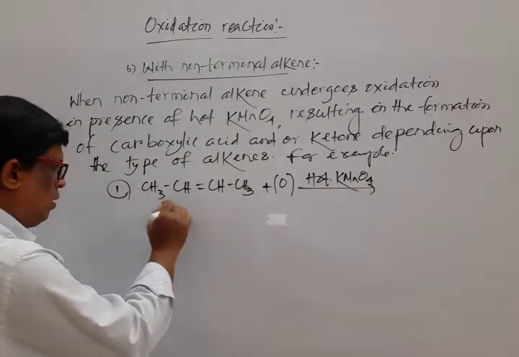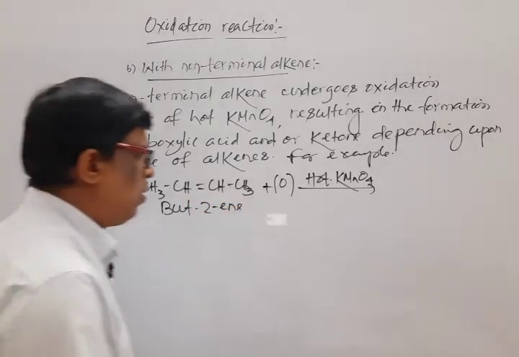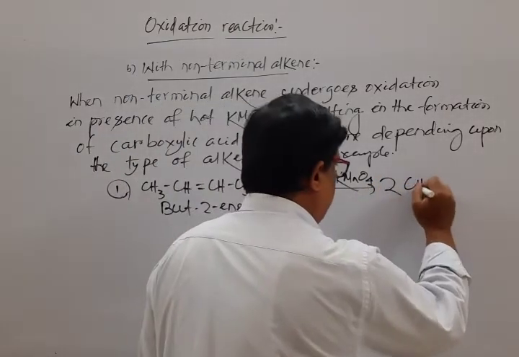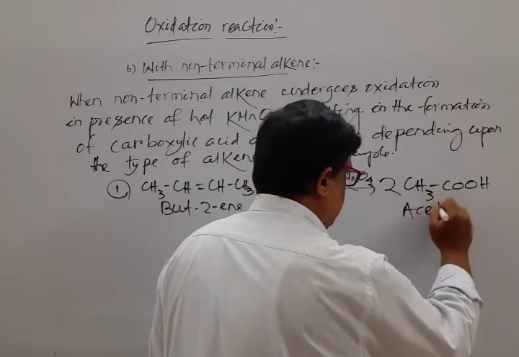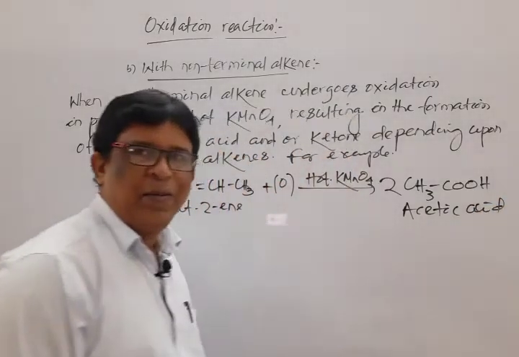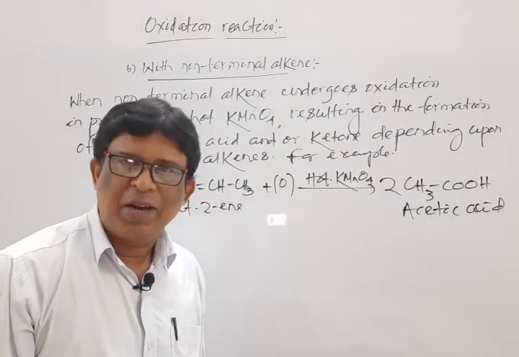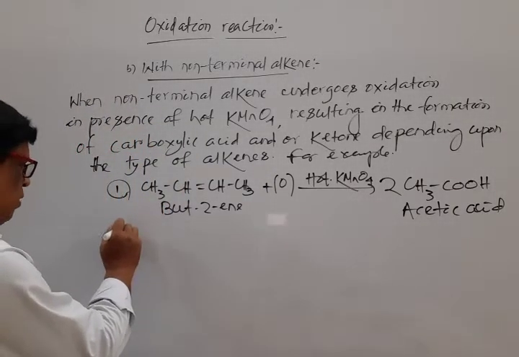Its name is but-2-ene, and we form 2 molecules of acetic acid. Its common name is acetic acid, IUPAC name is ethanoic acid. Okay, so mark that.